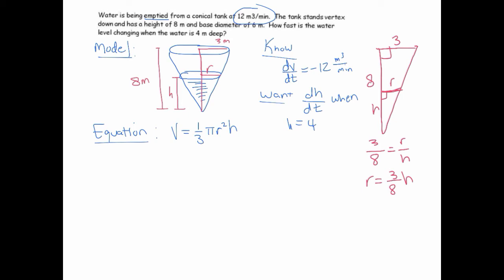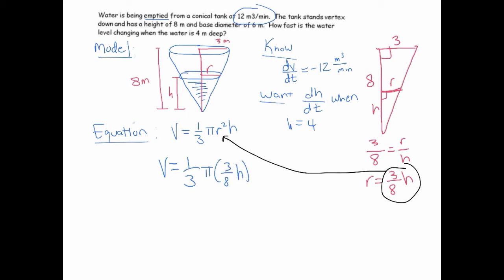All right, so now I can plug that into my formula. That means the volume is equal to 1/3 pi times (3/8 H) squared times H. I'll clean that up a little bit.